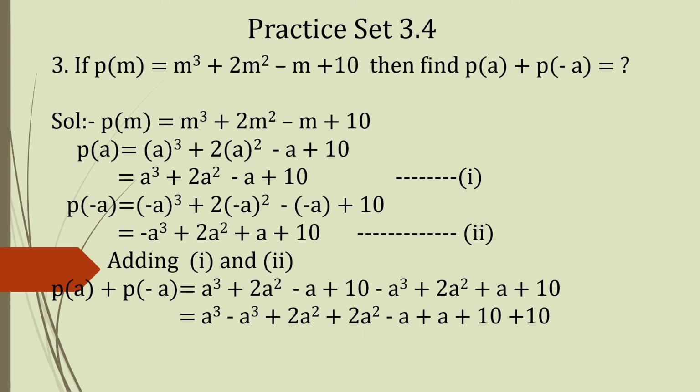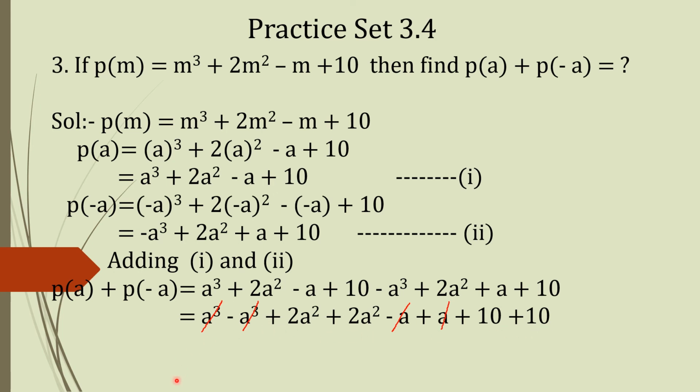So after arranging the terms, students, you can see a cube and minus a cube will get cancelled. Plus 2a square and plus 2a square, both with the same sign, will not cancel. Minus a plus a, with opposite signs, will also get cancelled. Plus 10 and plus 10 will remain as they are. So these two terms will add and these two terms will add because they are like terms.